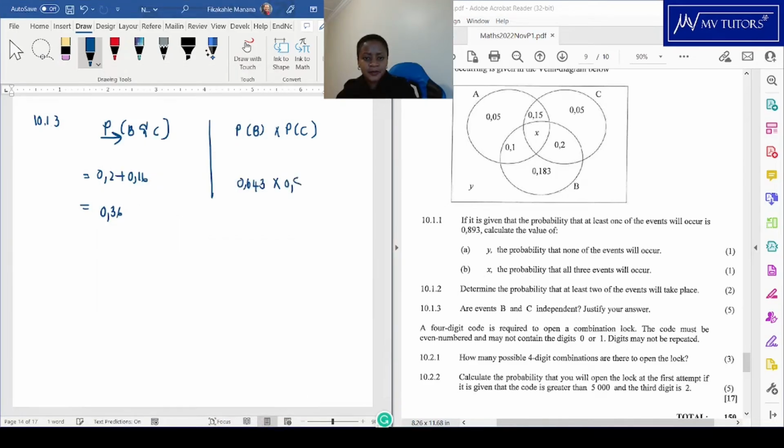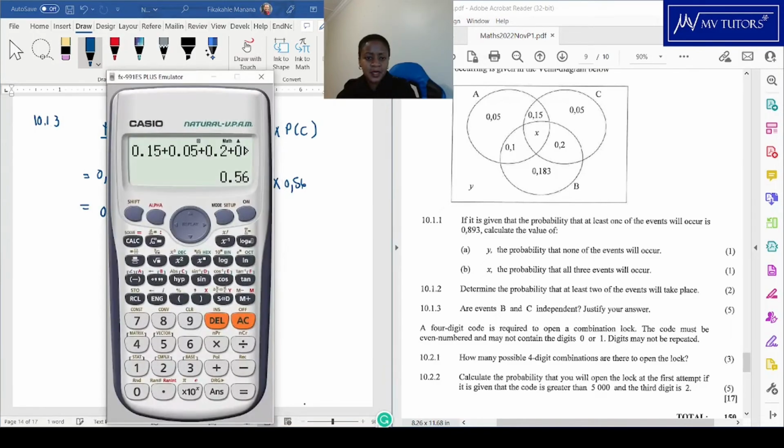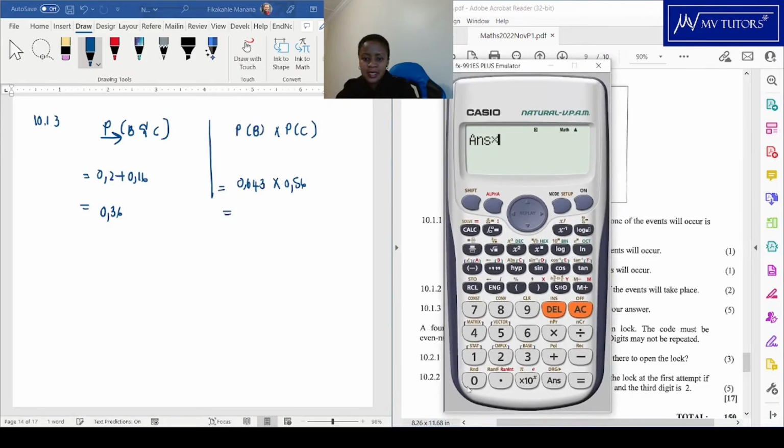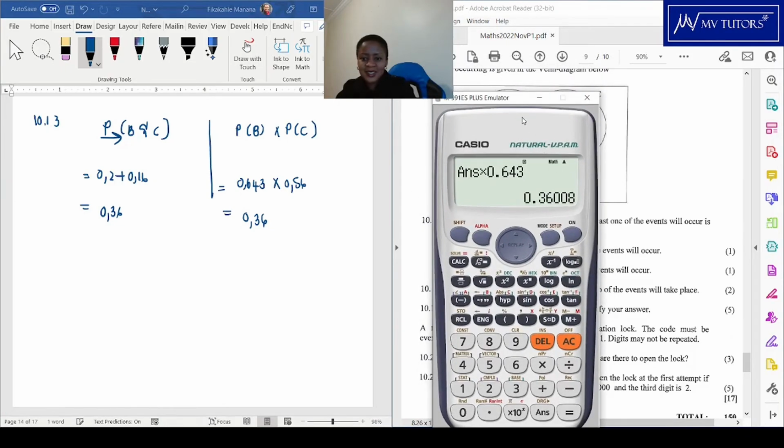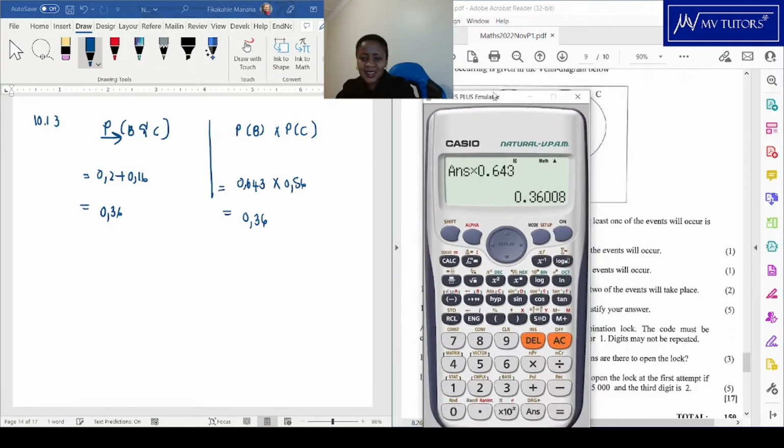0.56. So if I take the 2 and I multiply them, 0.56 multiplied by 0.643, that is basically equal to 0.36. Never mind the last 2 or 3 digits over there.